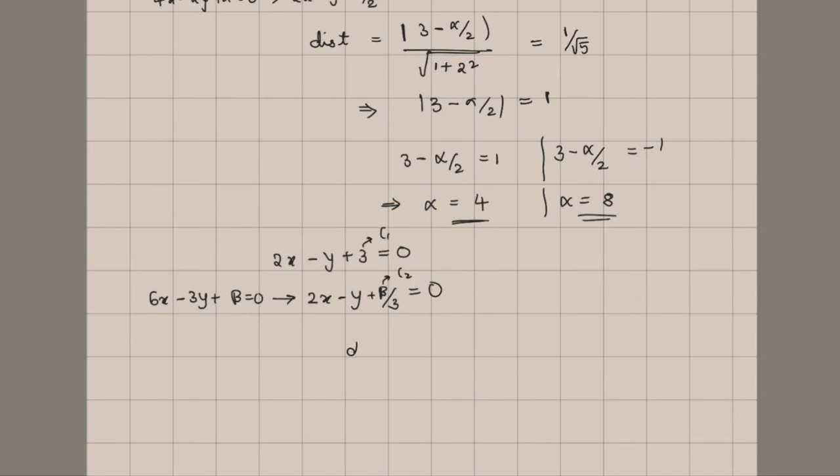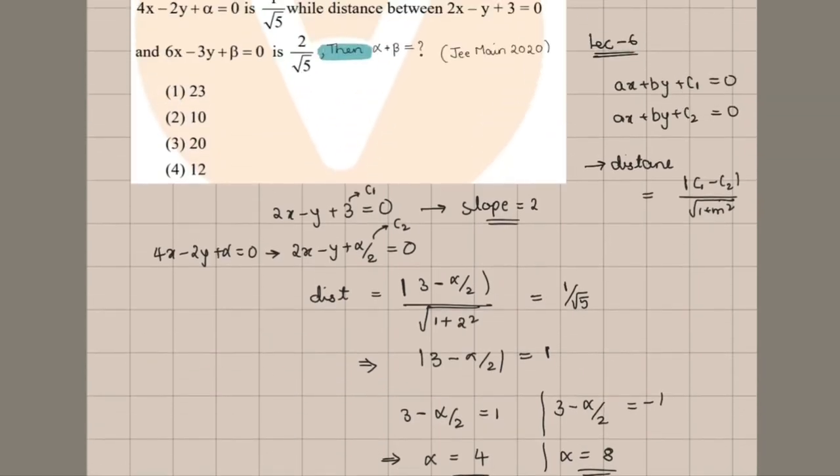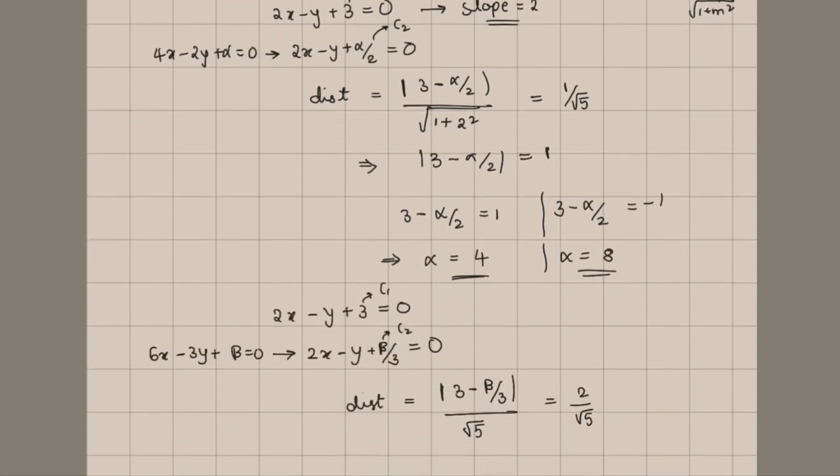We know the distance is modulus of 3 minus beta by 3 by root over 1 plus m square, which is root 5. It should be equal to 2 by root 5 because they have given that the distance between these two is 2 by root 5.